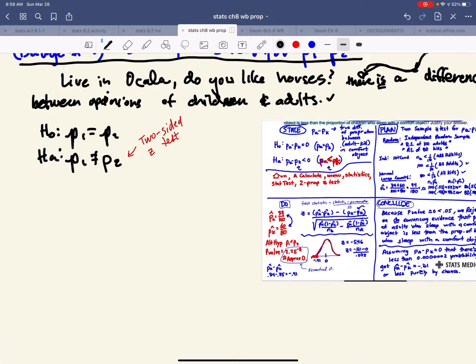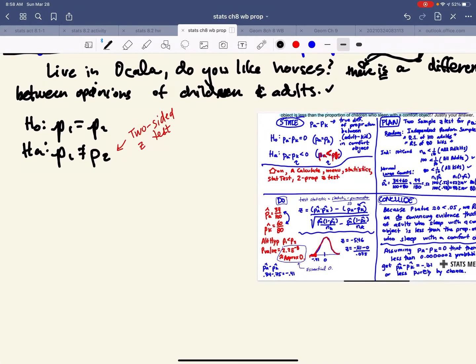So if we look at our notes, it says state. We have to define this. So we're finding P1 minus P2 to mean the true difference of proportion between children and adults.